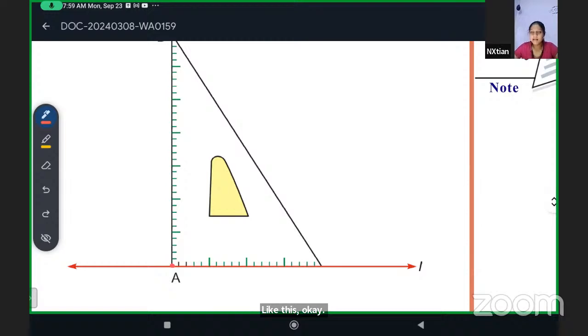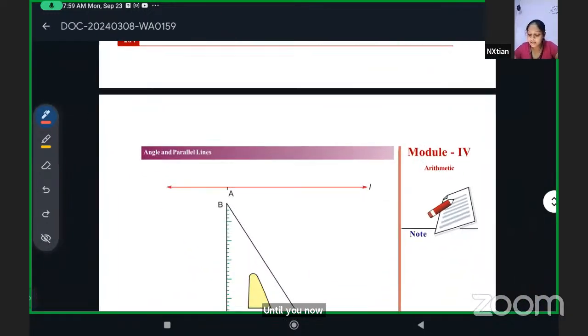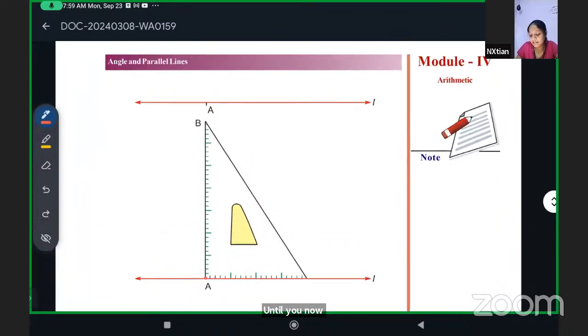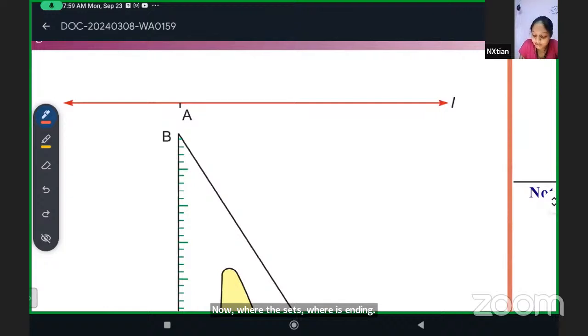Done till here? Yes, ma'am. Now where the set square is ending, put a point on that too. Where the set square is ending here, the top corner edge, and name it B point.